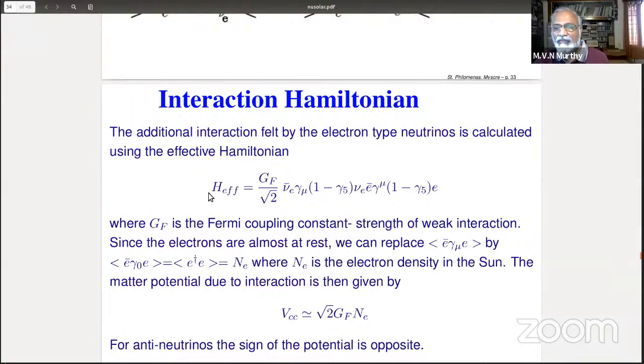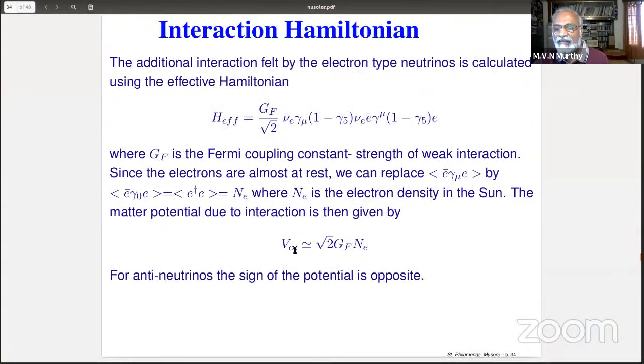So the effective potential which comes from this interaction Hamiltonian, written this way, is given by this VCC. This is the extra potential coming in matter over and above what all other flavors of neutrinos experience, and this is special for electron neutrinos.